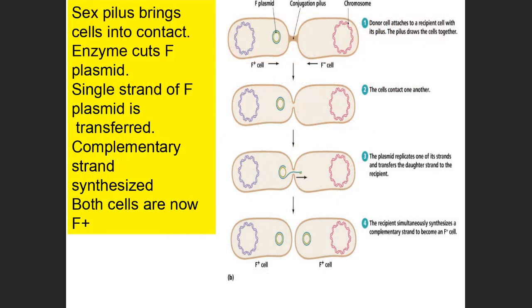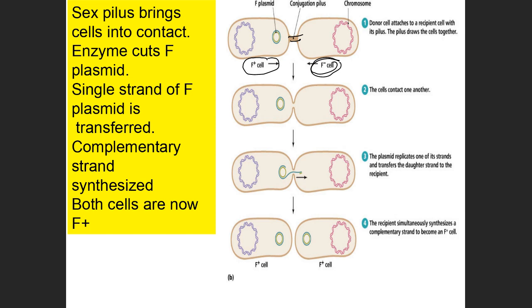So essentially what happens is one bacteria has an F plasmid. The F plasmid allows the bacteria to make a conjugation pilus and connect with an F minus bacteria. And something to note is that F positive bacteria only connect with F minus bacteria.